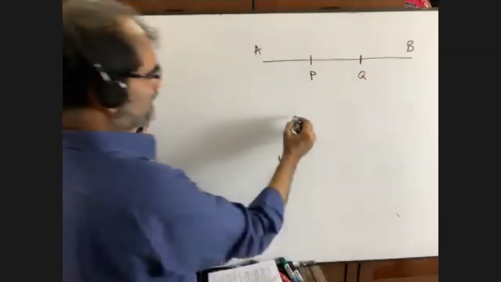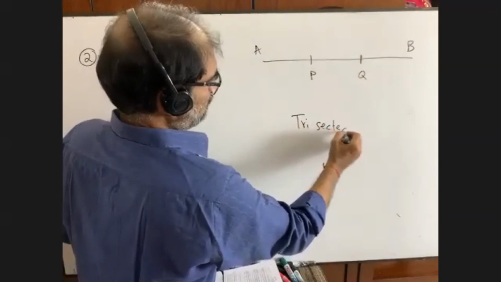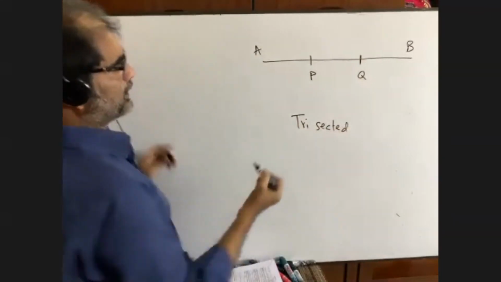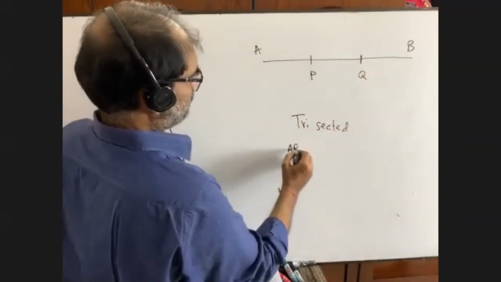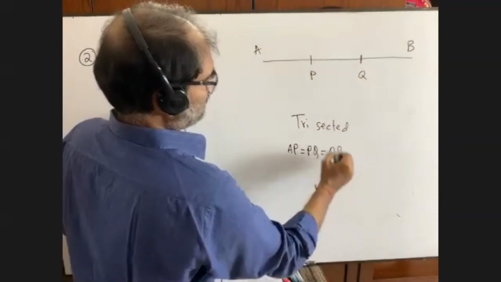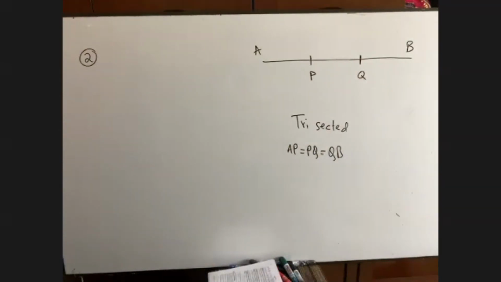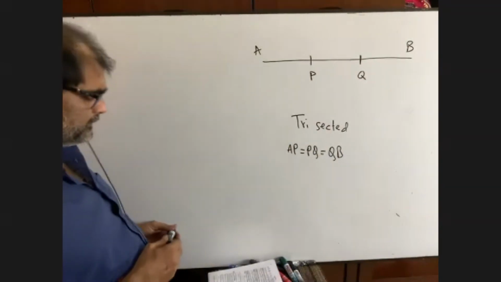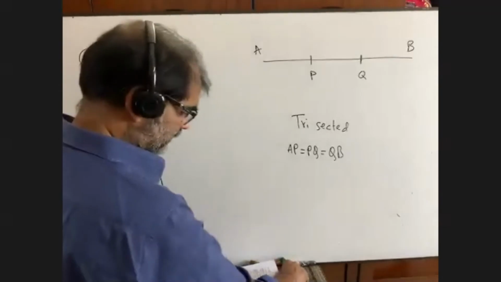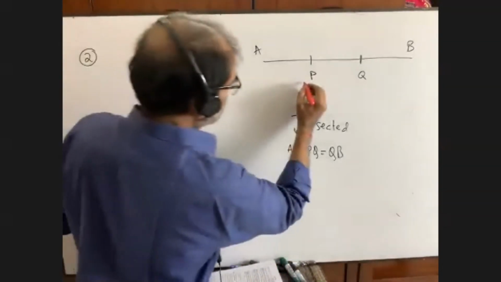Trisected. What is meant by this? It is that AP equals PQ equals QB. Talk to me. They are equal, right? And here in this question, the coordinates of P are given as 3, 3.